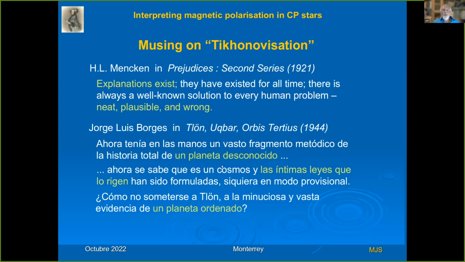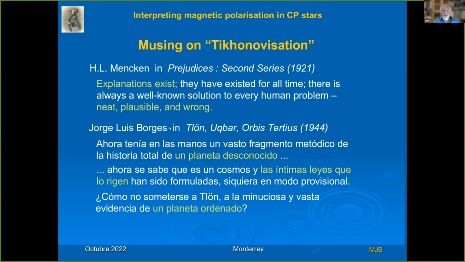And there I started musing on Tikhonovization. There is a famous quote by Mencken: explanations exist, they have existed for all time. There's always a well-known solution to every human problem, neat, plausible, and wrong.